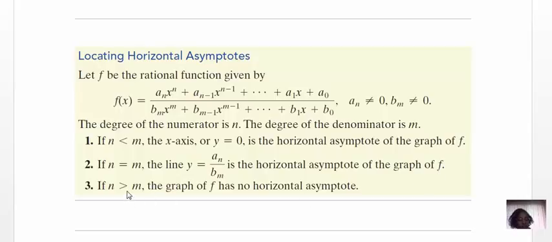If Nancy is bigger than Mary, n is bigger than m, the graph of f has no horizontal asymptote. So those are the three things that can happen. Either the x-axis is the horizontal asymptote, or some other horizontal line is the horizontal asymptote, or the graph of f has no horizontal asymptote. So you'll have one of those three situations in your rational function.